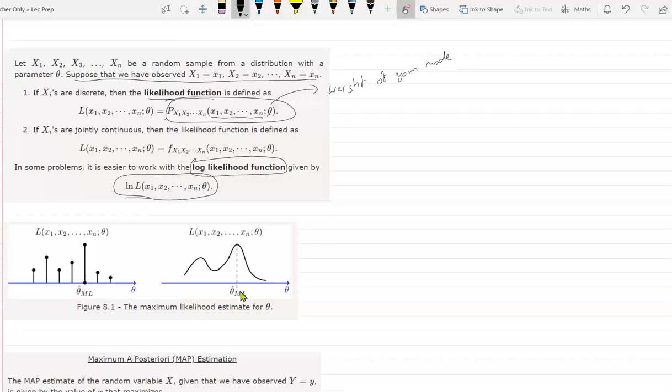But in many real life problems, this distribution will be continuous, so theta will not be a discrete thing. It will itself be continuous. Then how do you estimate theta ML? You will need to do slightly more complicated things. We will see one example later in the tutorial session.